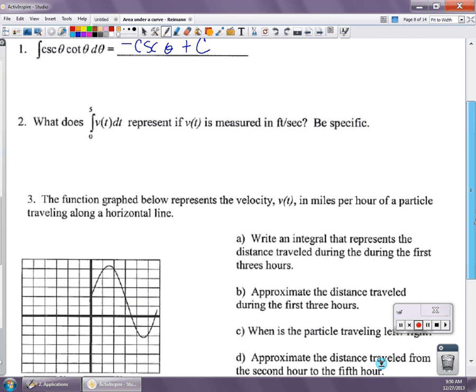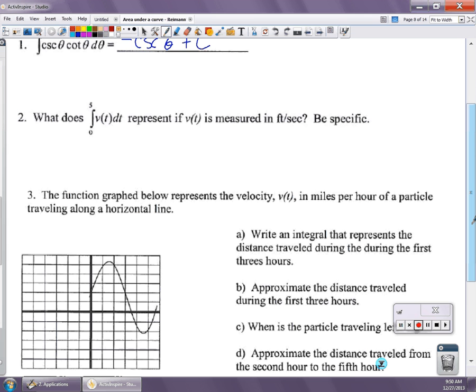Number 2, from our discussion from yesterday, what does the definite integral from 0 to 5 of v of t represent? Well, we are evaluating a definite integral, so we're finding the area under the velocity curve, and we're finding the net area. So this definite integral represents the change in position.